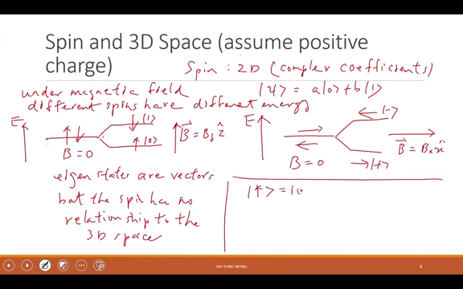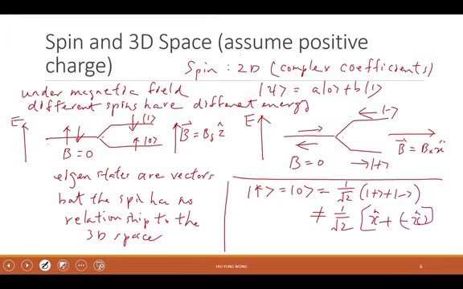One thing that can make us very confused is that we already know that spin up equals 0 equals 1 over square root 2 times plus plus minus. If you try to plug in, you will find that it is like this. But you cannot say that plus is x hat and minus is negative x hat.